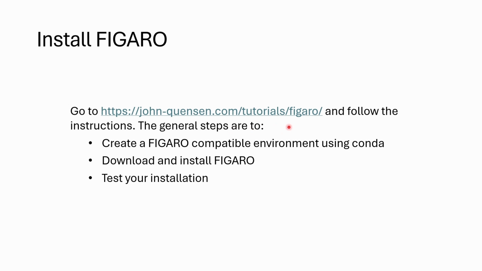So if you go to this URL and follow the instructions, you should be fine. The general steps are to first create a Figaro-compatible environment using Conda, then download and install Figaro. This page also presents a method for testing your installation. Let me know if you encounter any problems.